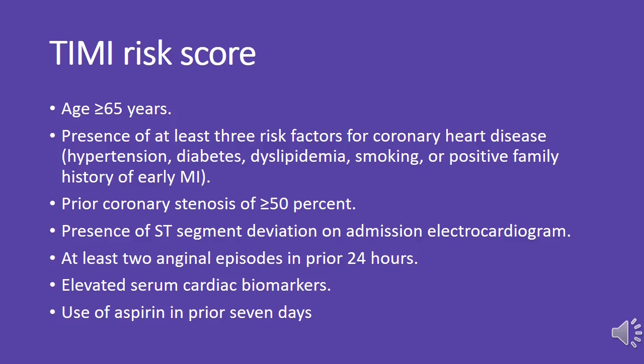Fourth, presence of ST segment deviation on admission ECG. Fifth, at least 2 anginal episodes within the prior 24 hours. Sixth, elevated serum cardiac biomarkers. Seventh and last, use of aspirin in the prior 7 days.